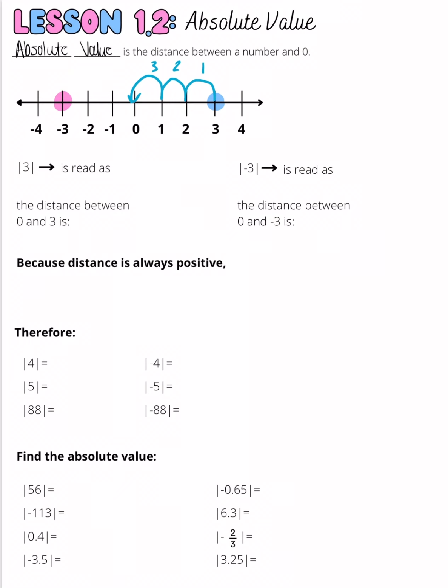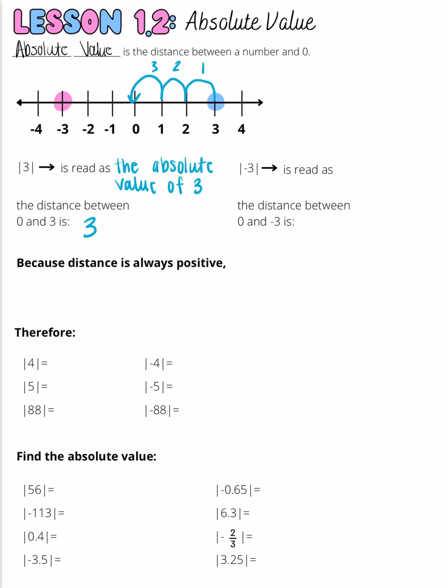So the absolute value of 3 is 3. This marker right here is read as the absolute value of 3. And the distance between 0 and 3 is 3. So the absolute value of 3 is 3.